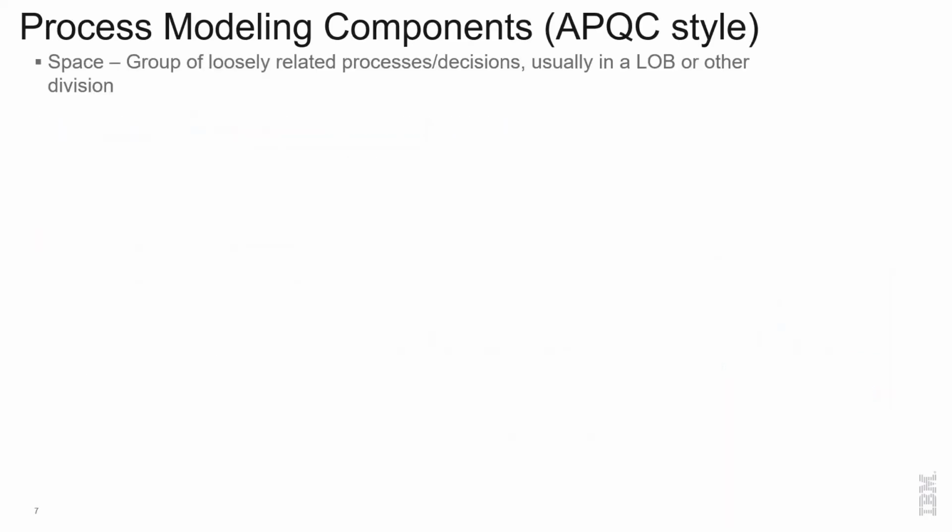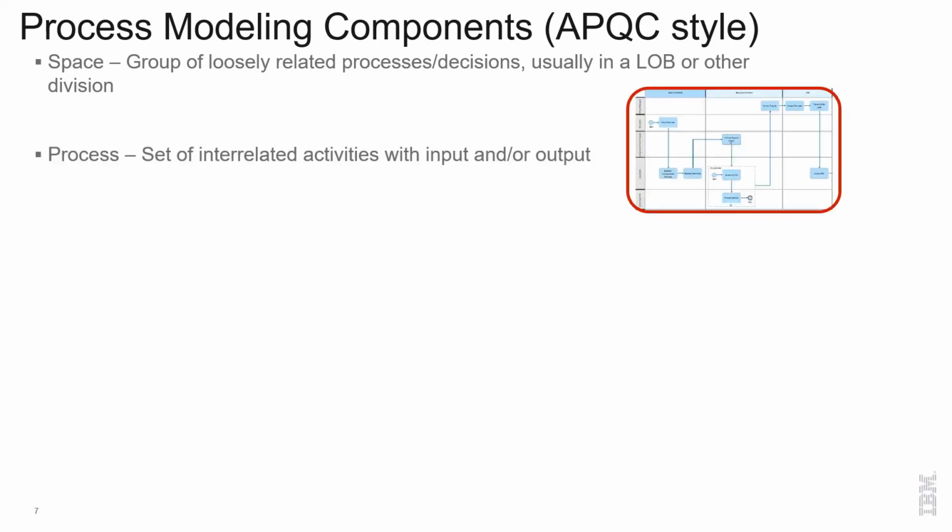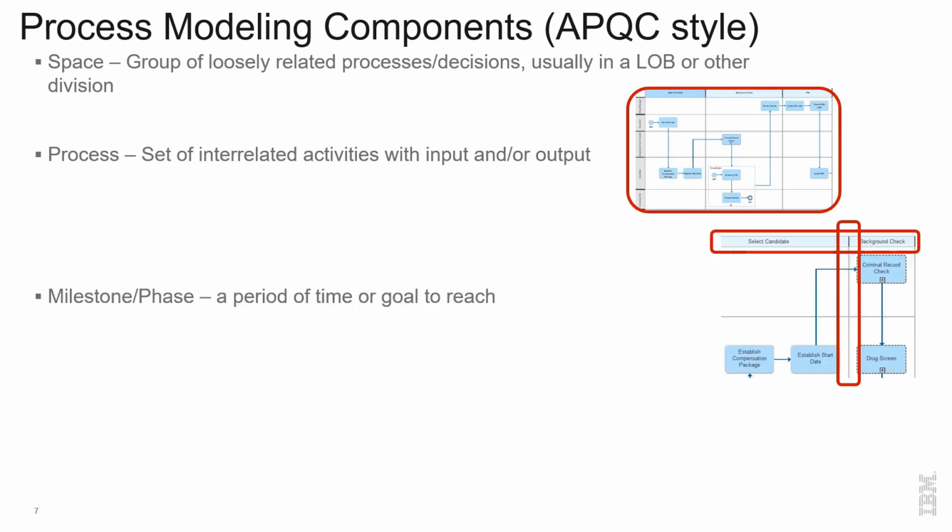Now, in terms of organizing all those processes in the larger library, we adopted the APQC style. So the top level is the space. So a space is like a folder where you put in all your artifacts. And you typically organize it by line of business or by technology or by division. You have your process, of course, which are a series of interrelated activities with input and output.